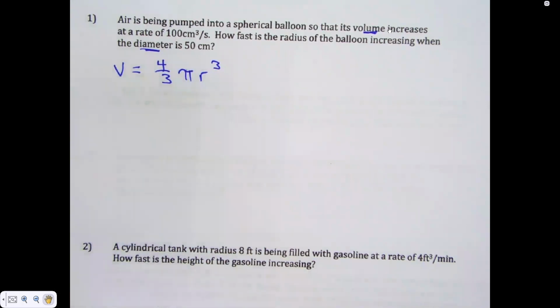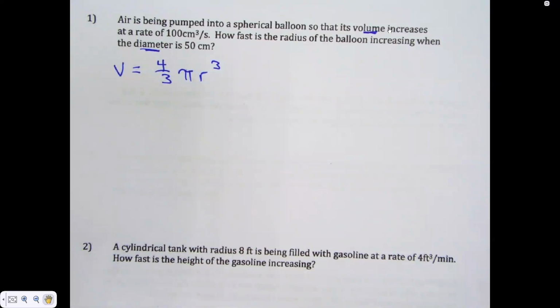Okay, step 2 says then plug in any constant values or equal values. We don't have that in this problem, so we'll talk about when that pops up. Then step 3 says take the derivative.